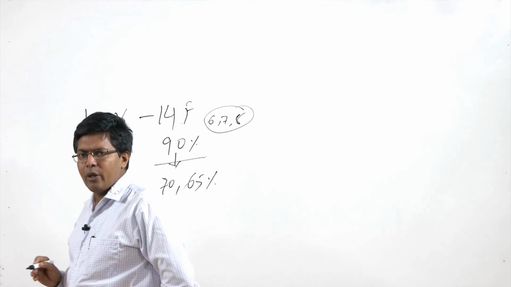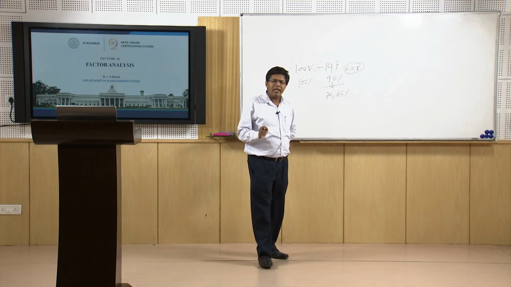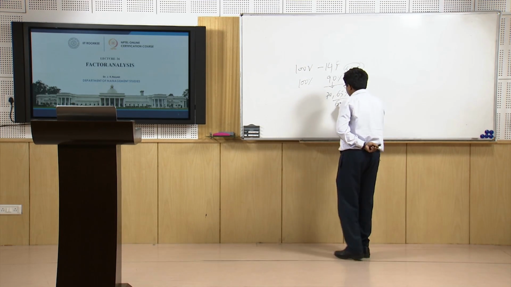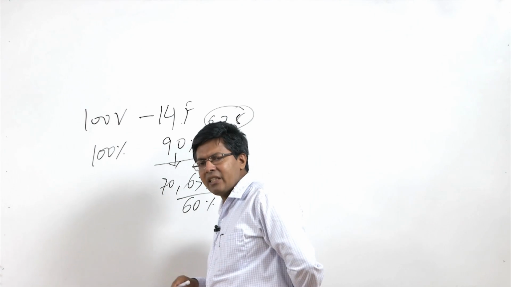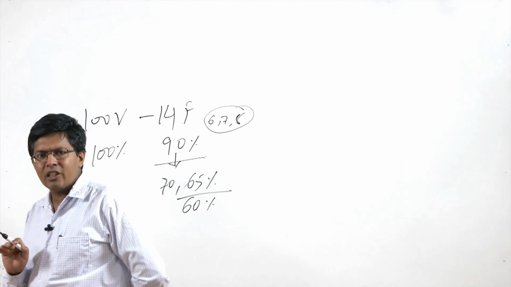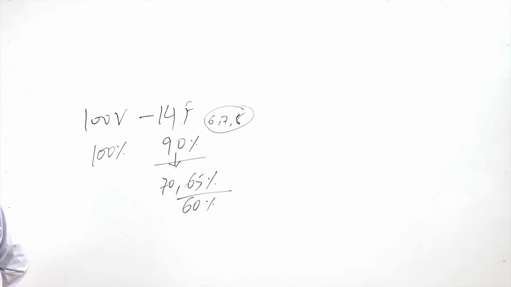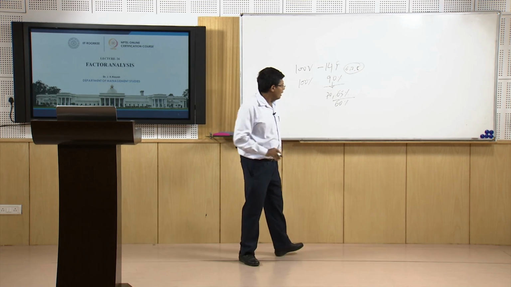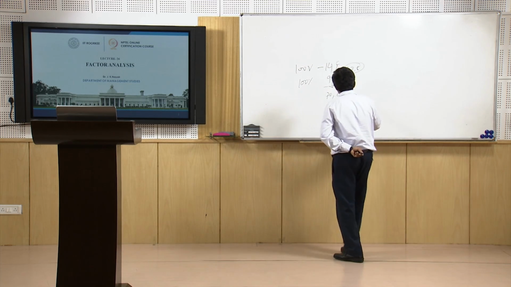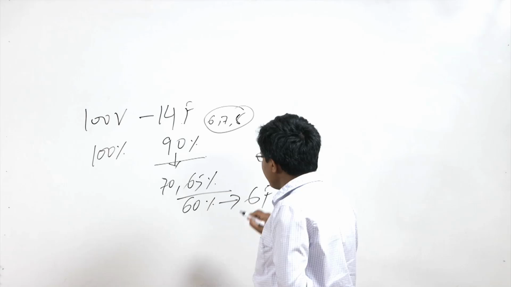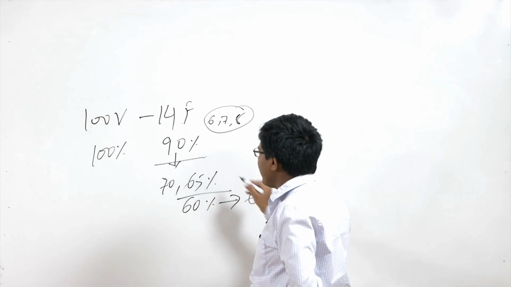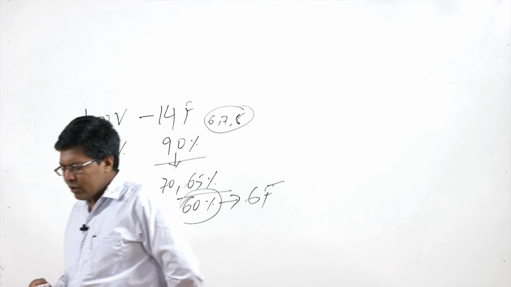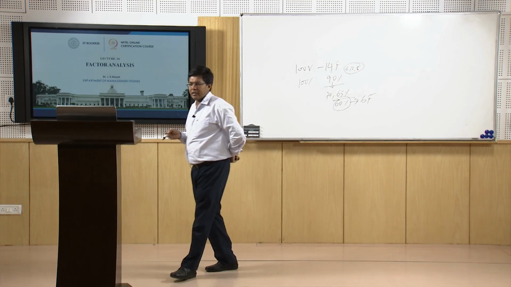The cutoff value for the amount of variance explained in a social science study is at least 60%. So, if through the factor analysis you can explain at least 60% of the variance in the study, then that adequate number of factors should be taken into account. So, if 6 factors explain only 60% of the 100 variables, it is still okay. That decision has to be taken by the researcher, okay.